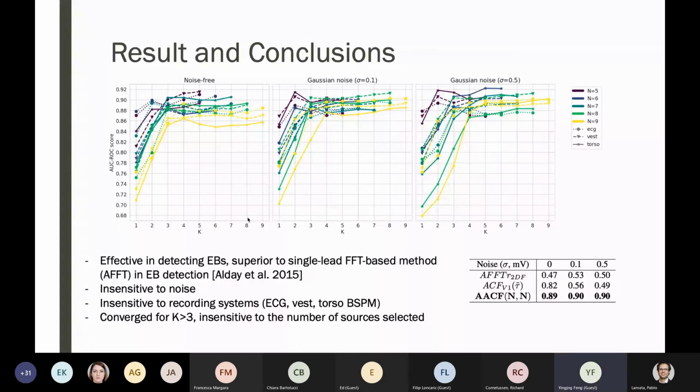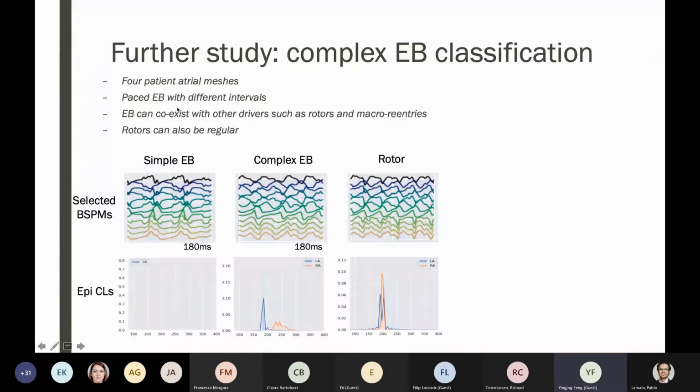So moving on, instead of doing it for one patient, we're doing it for 4 patients' atrial meshes, and we paced the ectopic beats with different intervals.